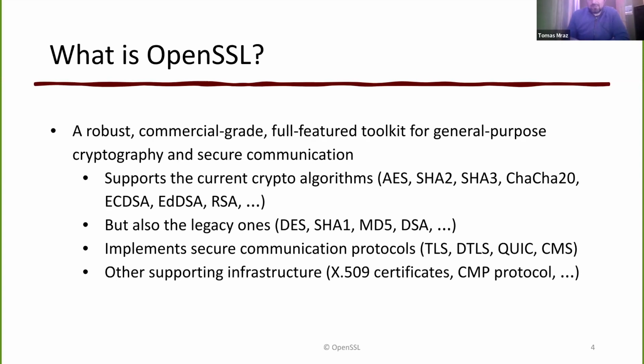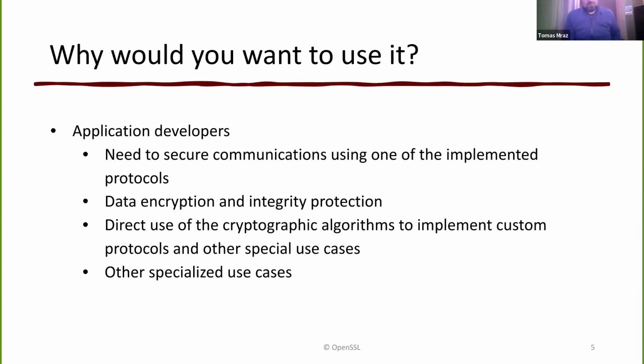And it also has some implementation of the supporting infrastructure for those security protocols and other security-related things. So we have X509 certificate support. There is a CMP protocol, OCSP protocol support, and so on.